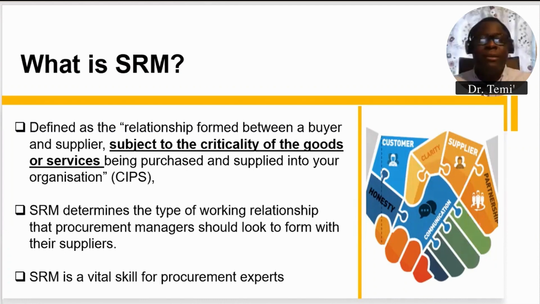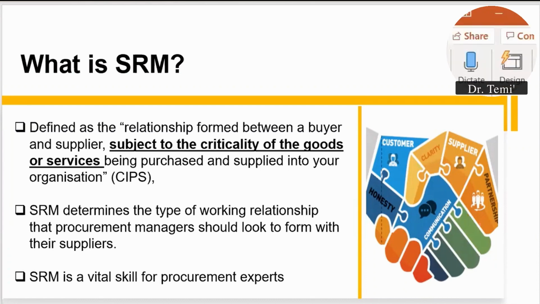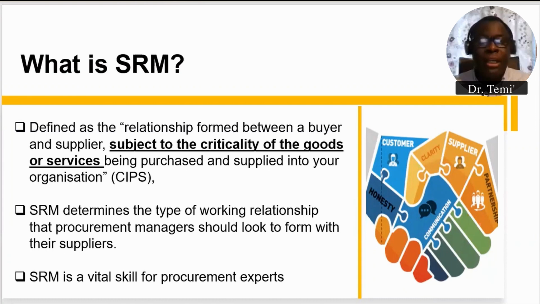So supplier relationship management also determines the type of working relationship that the procurement manager should look to form with their suppliers. In addition to choosing who you want to develop your relationship with, it is important to also decide and establish what type of relationship you want to form with this type of supplier. Depending on the risk and the importance that the supplier poses to your organization, the type of relationship also differs. There are some suppliers that you need to have a long-term partnership with because they are critical to your organization.